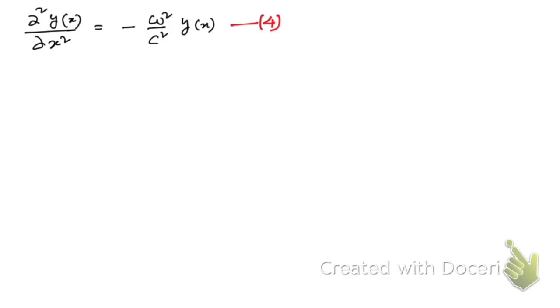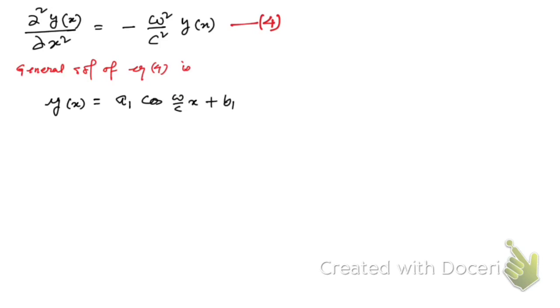So general solution of equation number 4 is given by small y of x, that's equal to a1 cos omega by c x plus b1 sine omega by c into x. Okay, let it be equation number 5. Let it be equation number 5.